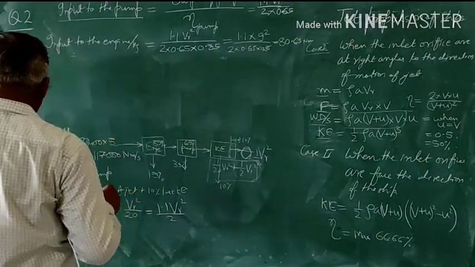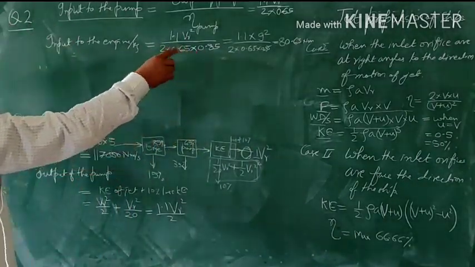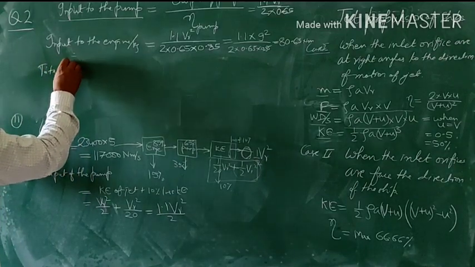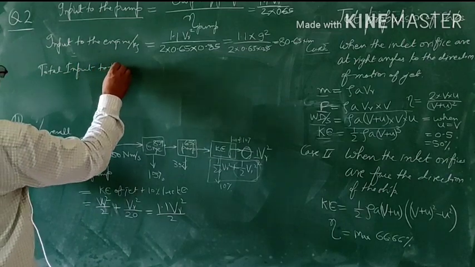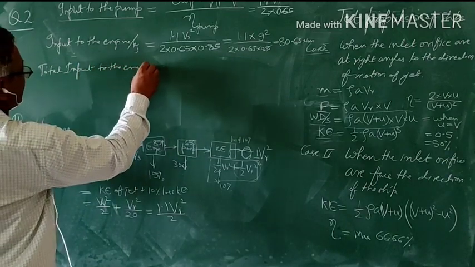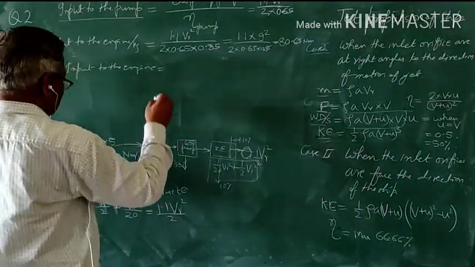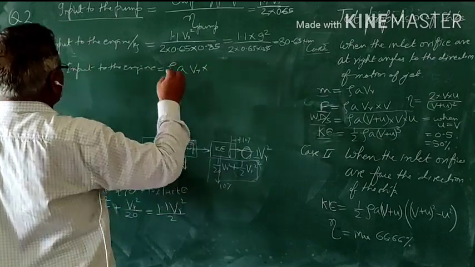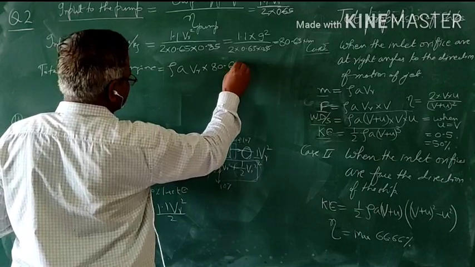Now the total input, in this case we have calculated per kg, so the total input to the engine will be equal to the mass flow rate of water, that is rho A Vr, multiplied by the energy required per kg, that is 80.63.